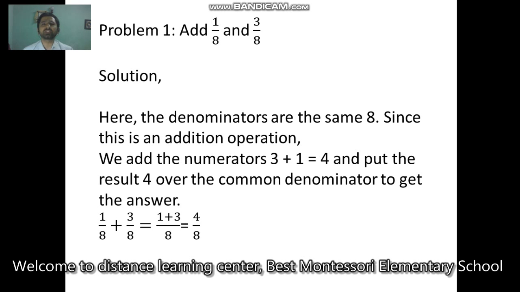What is the numerator in the first fraction? 1. What is the numerator in the second fraction? 3. 1 plus 3 gives 4. The denominator is the same, so we write it the same. 4 divided by 8. We can reduce it to the lowest term, 1 by 2, or simply 4 by 8 will also be correct.